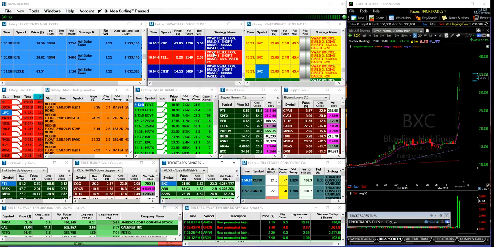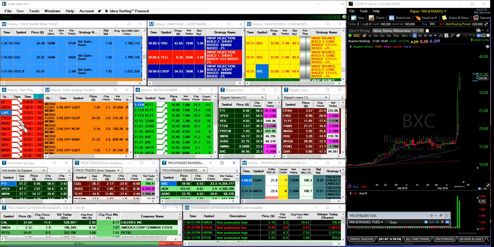Like I said, months and months of back testing have gone into it, and these two scans, the VWAP Slap and the VWAP Bounce, have made all the TrickTrades members, including myself, tons of money. I can't even tell you. It's actually been a really incredible past little bit since we developed the VWAP Slap and the VWAP Long Bounce scanners. Nothing but wins, and I'll show you that.